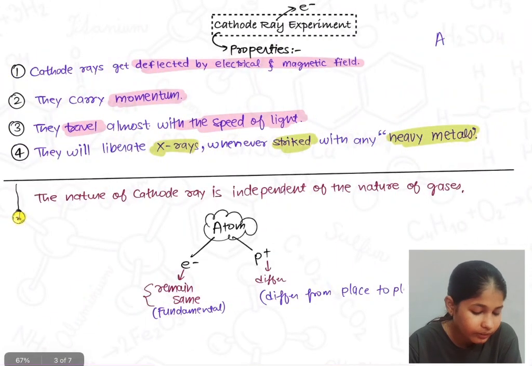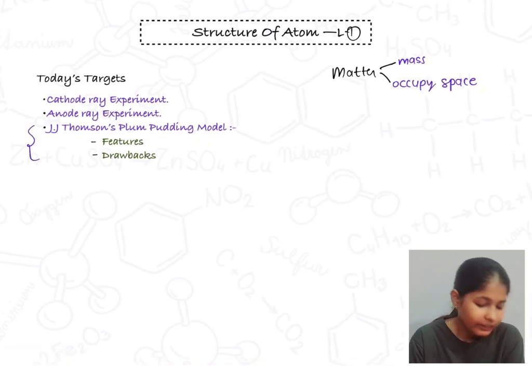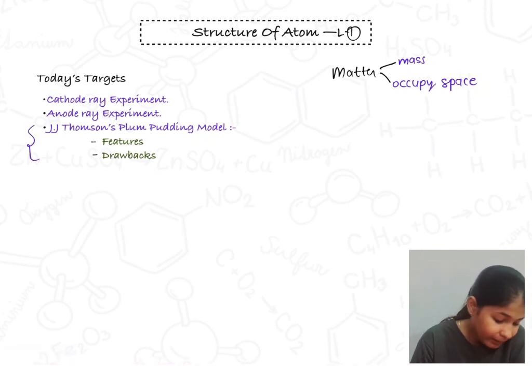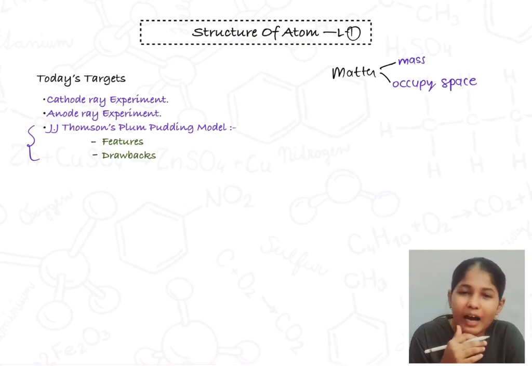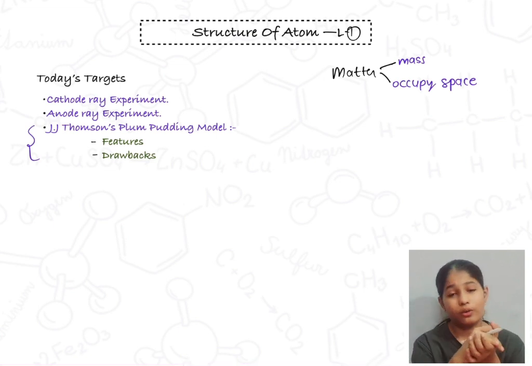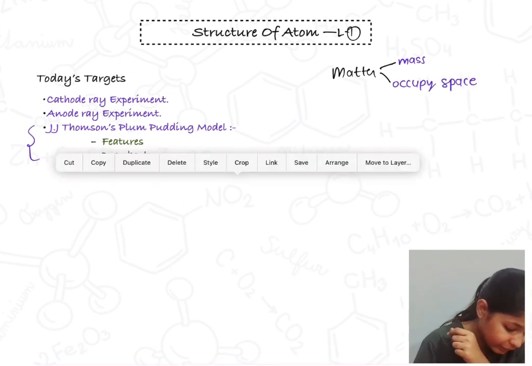Let's talk about our next topic, which is J.J. Thomson's plum pudding model. But before starting it, I want to give you some intro on it. First of all, what happens actually?